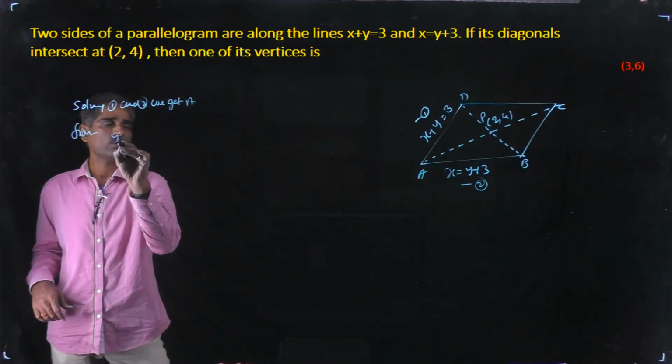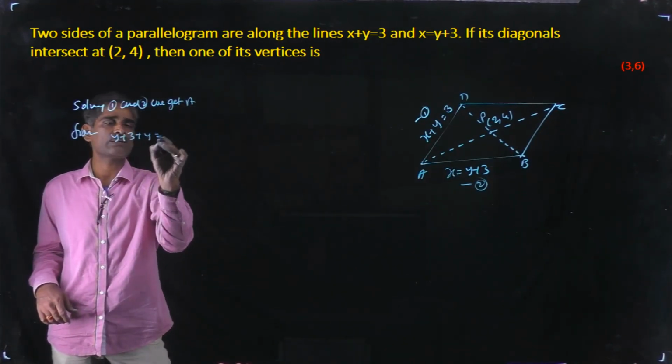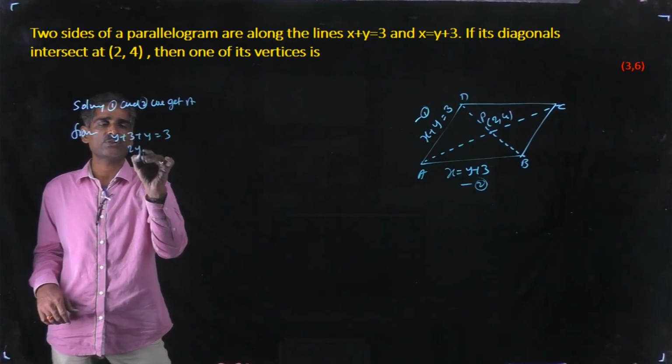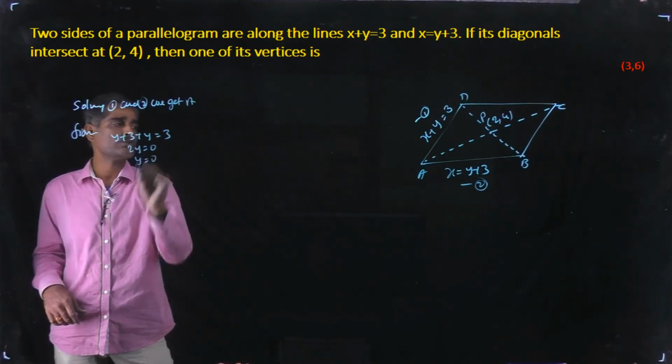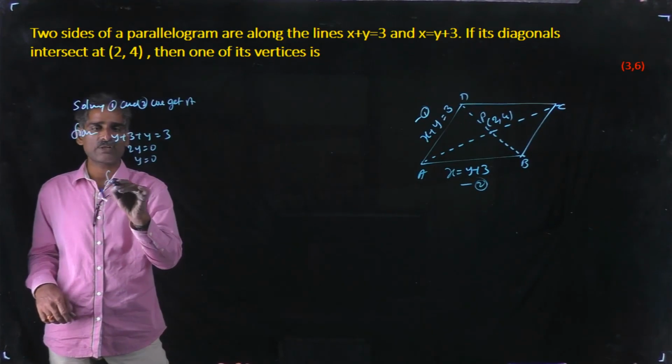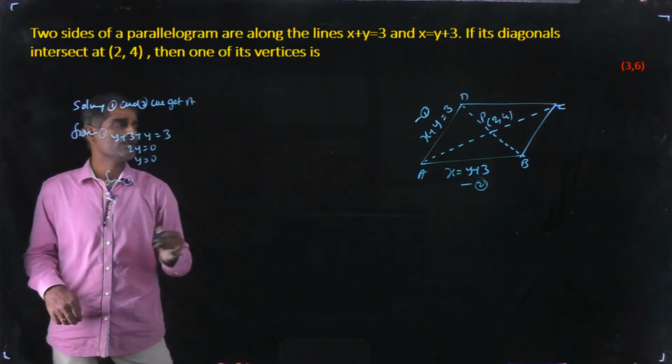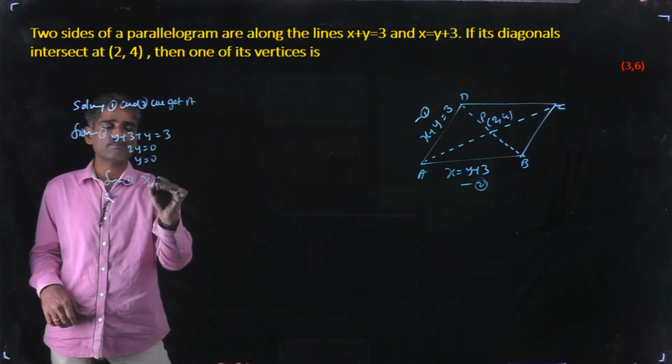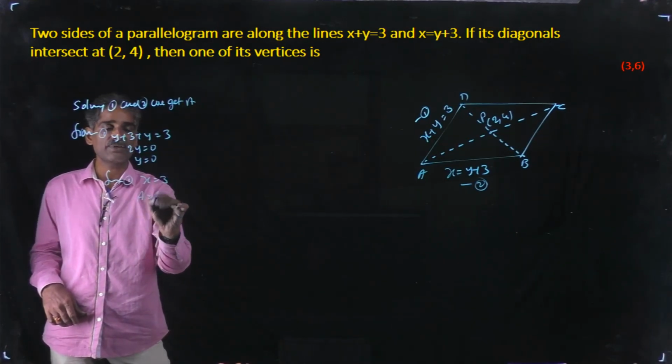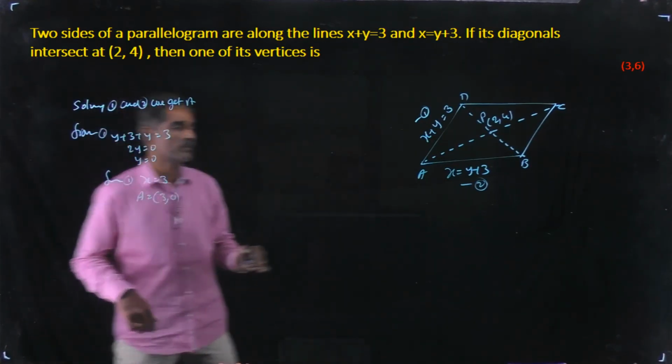Then we get y plus 3 plus y is equal to 3. So 2y is equal to 0, y is equal to 0. Now from equation 1, if y equals 0, x equals 3. So the coordinates of A are (3, 0).